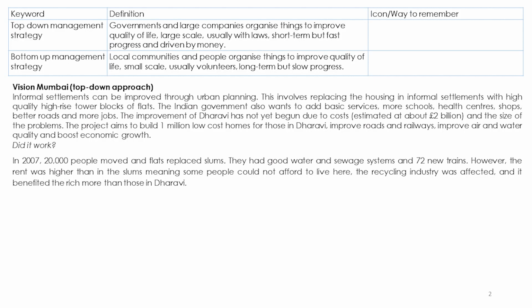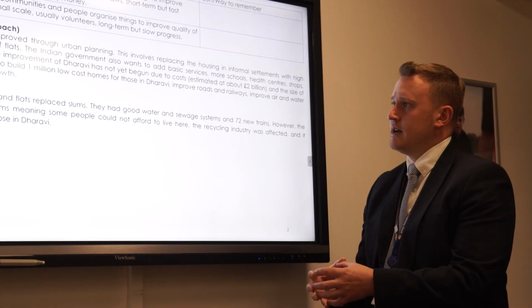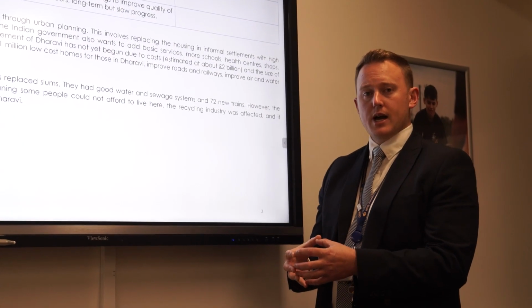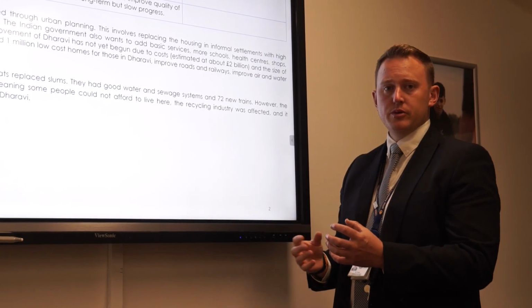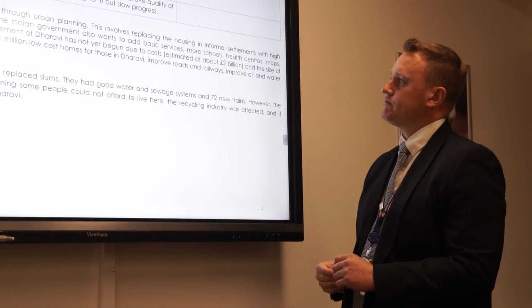The Indian government also wants to add basic services, so running water and electricity, as well as to build more schools, more health centres, shops, better roads and more jobs, all in these areas. Okay, that are people moving out of Dharavi into these brand new replacements.